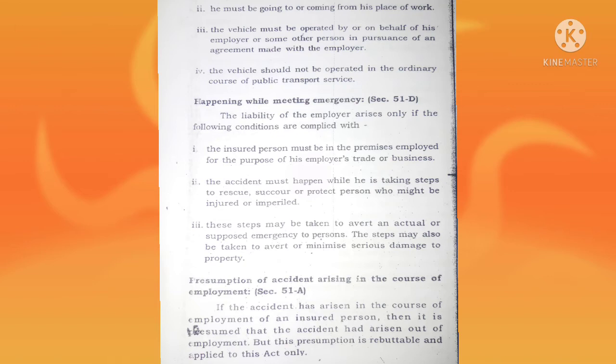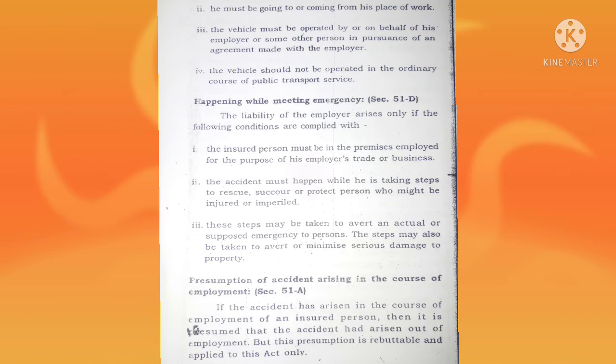The accident must happen while he is taking steps to rescue, succor, or protect persons who might be injured or imperiled. These steps may be taken to avert an actual or suspected emergency to persons. The steps may also be taken to avert or minimize serious damage to property.